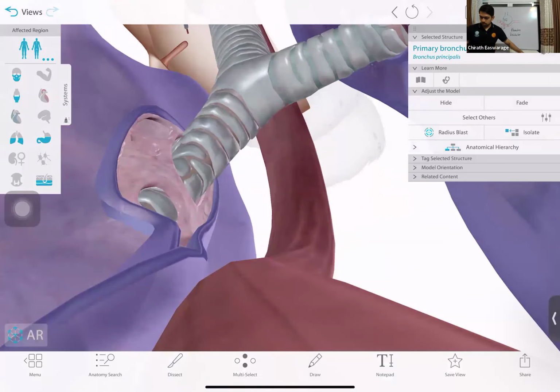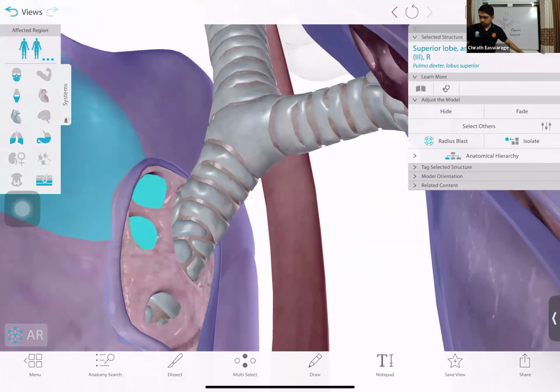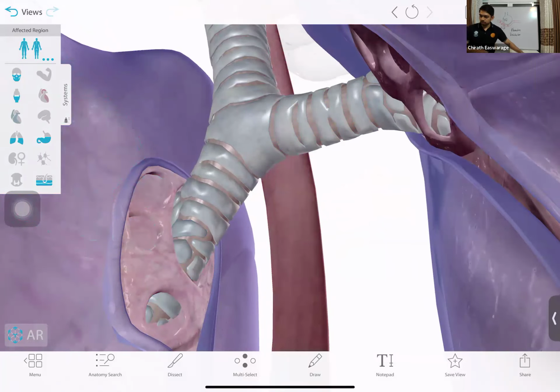You can see this is the inner surface of the lung. These are openings for the blood vessels to go inside. What are the blood vessels going in and coming out of the lungs? Quick revision.